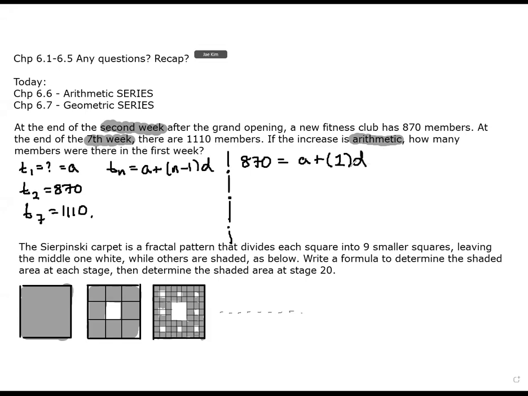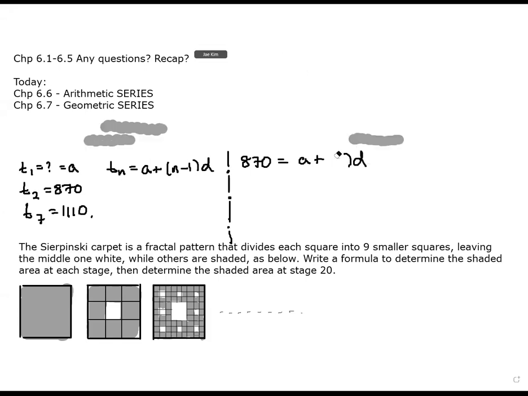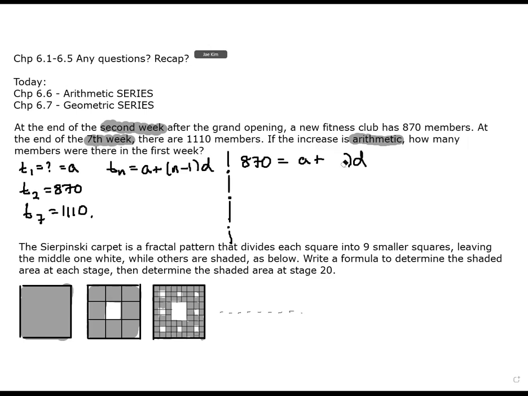So it's basically A plus D. Next, T7, 1110, is A plus 7 minus 1 D. So 6D.